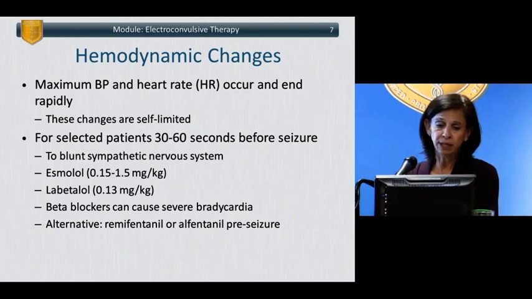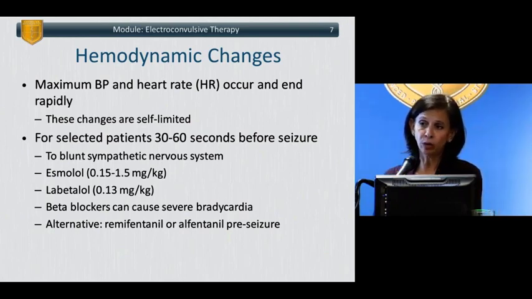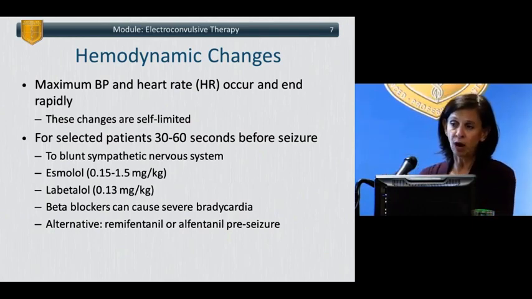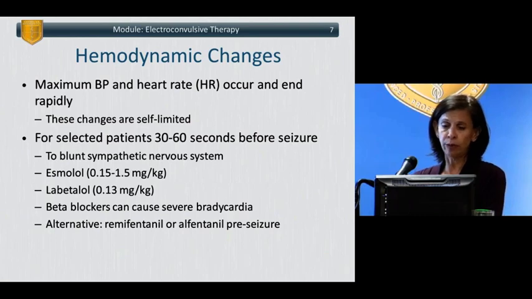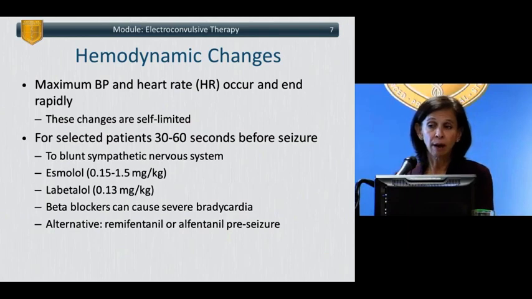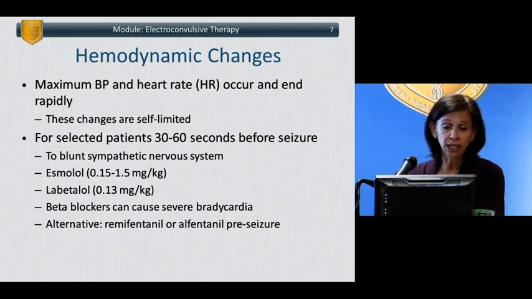There are significant hemodynamic perturbations with heart rate and blood pressure that occur, but they come on quickly, they end quickly, and generally they are not associated with significant morbidity and mortality. For selected patients, though, you may want to blunt the sympathetic nervous system in patients at risk for severe hypertension, those with aneurysms, those with a significant risk of arrhythmias, those with ischemic heart disease.